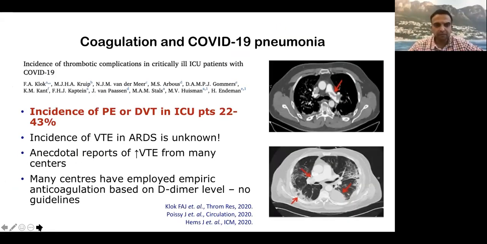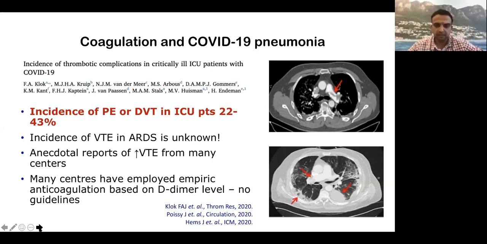Finally, I'll just say very quickly about coagulation and DVTs in the ICU. This is anecdotally very high, but the pulmonary thromboembolic events from ARDS are unknown. This is something that we are looking at, and we have implemented a strategy where if your D-dimer is above 1, we anticoagulate.